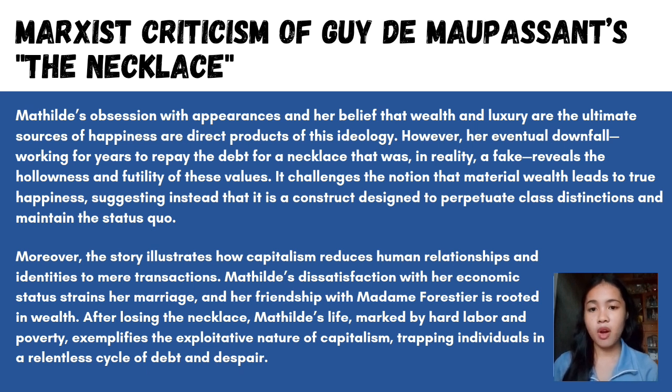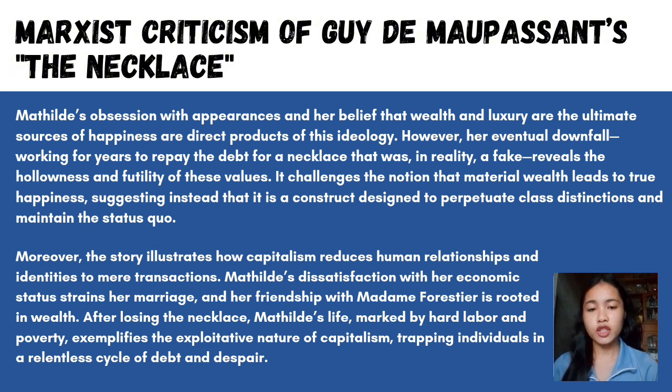Marxist criticism often explores how dominant ideologies, such as the belief in material wealth as a source of happiness, are portrayed and questioned. So, in The Necklace, Mathilde's belief that wealth and luxury are essential for a fulfilling life represents the bourgeoisie's obsession with materialism. Her downfall, working for years to repay a debt for a necklace that turns out to be fake, challenges the notion that material possessions bring true happiness.